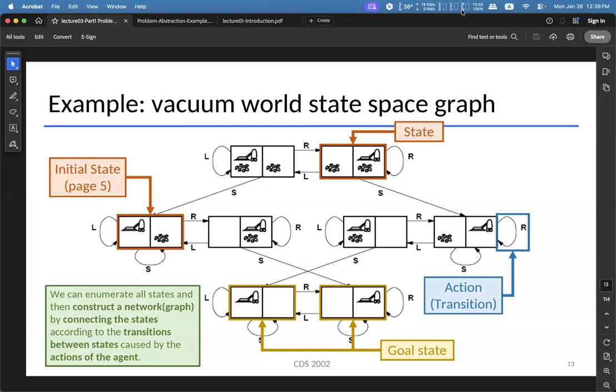Once we convert a single state problem into a graph, solving the problem is just finding a path from the initial state to the goal state, which is solvable with standardized algorithms. This is essentially what we are trying to do in this whole lecture 3.